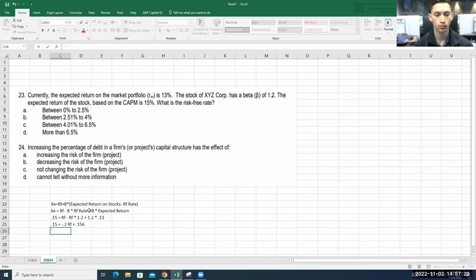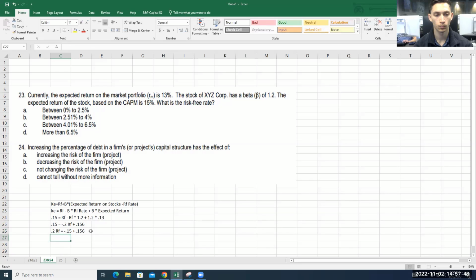So here we have minus 0.2 risk-free equals minus 0.15 plus 0.156. If y'all saw what I did, I took the minus 0.2. That should be positive. I took the minus 0.2 and subtracted from this side, so I got positive 0.2 risk-free rate equals, I take the 0.15 over here, so minus 0.15 plus 0.156.